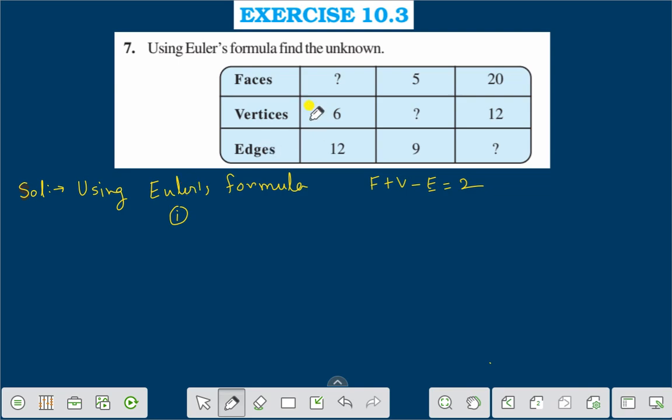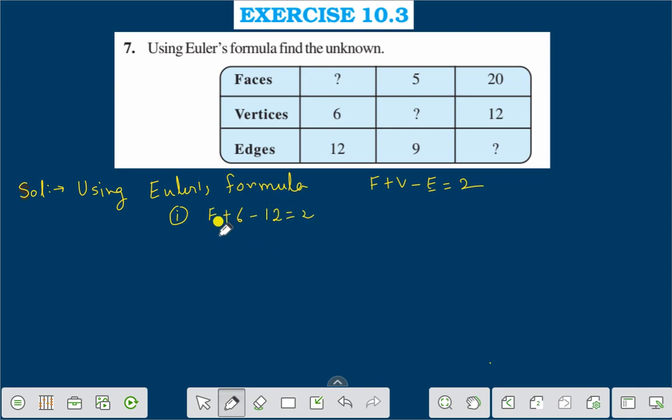Now here it is given that vertices is 6 and edges is 12. Therefore face f plus v, vertices is 6, minus e, edges is 12, is equal to 2.